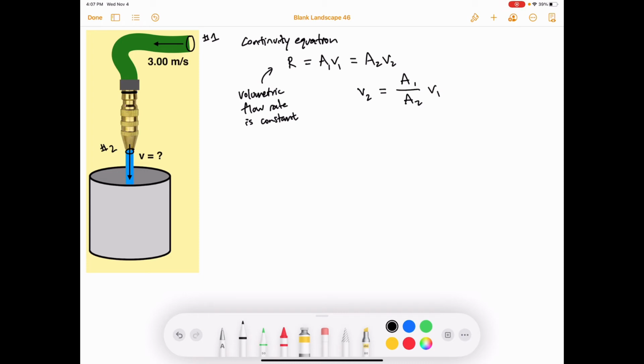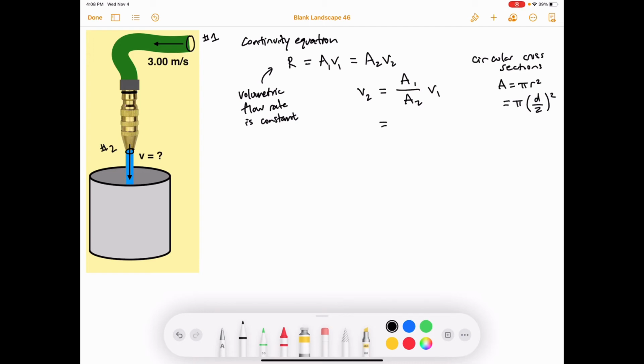So we're talking about circular cross-sections, meaning the area is pi times r squared, or since what we're given is diameters, pi times d over 2 squared, because the radius is equivalent to half the diameter.